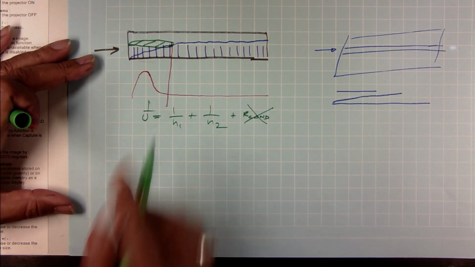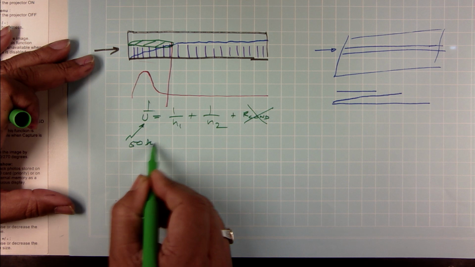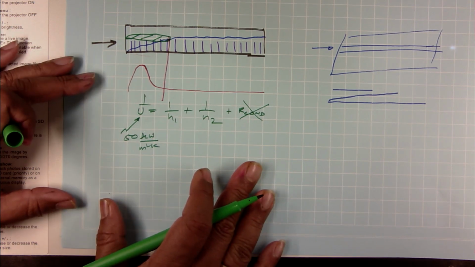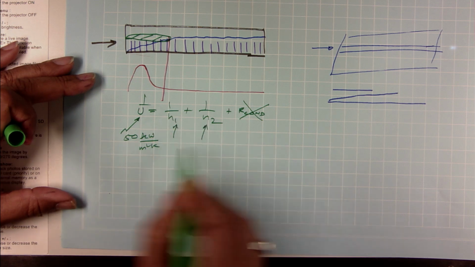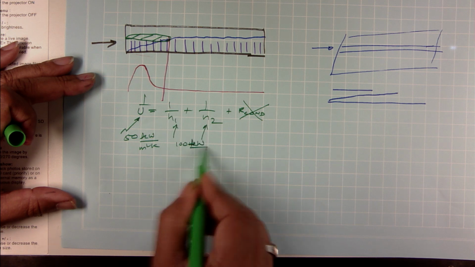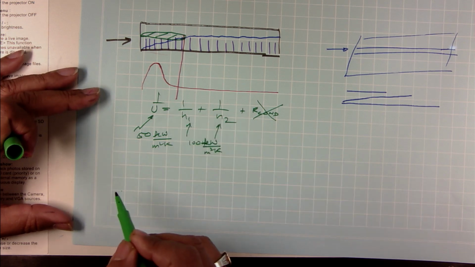And so the goal was to get a U of 50 kilowatts per meter square Kelvin, which means my H1 and H2 both have to be at least 100 kilowatts per meter square Kelvin. That was our target H for the refrigerant side.